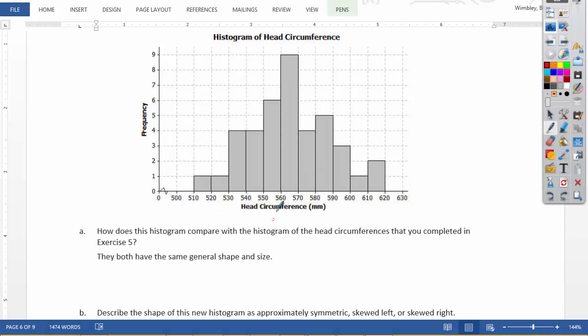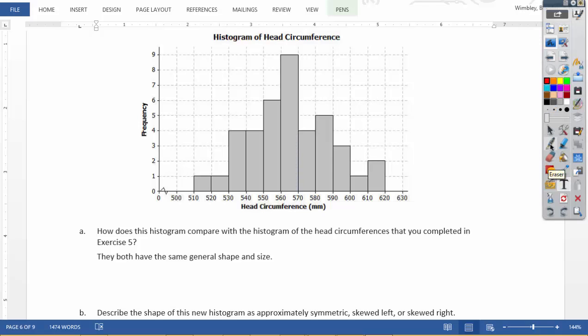Well, my values are all the same. And also, based on that piece of information, I also know what? They have the same center. So I can add that as well. If I'm using the exact same data, then my center should be the same as well. Which means that the center is the same as well.